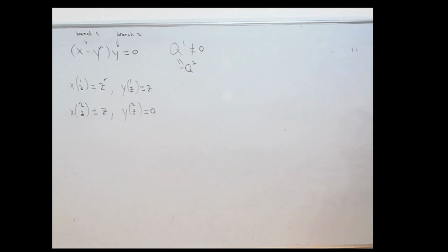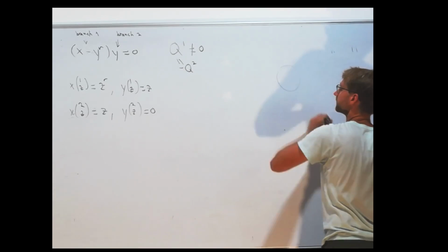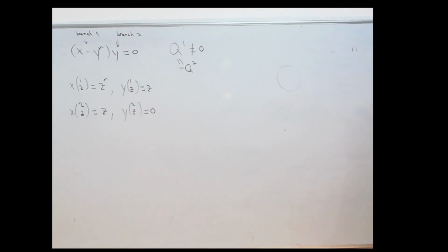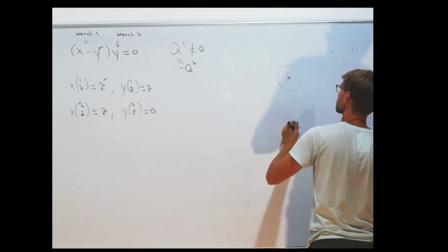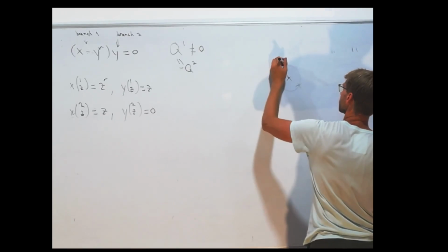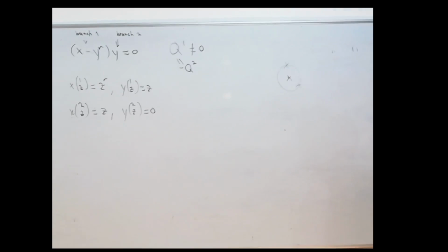So, for example, we can have a disk. A disk is not actually stable, so let's give it some interior point, maybe some point on the boundary, another point on the boundary.